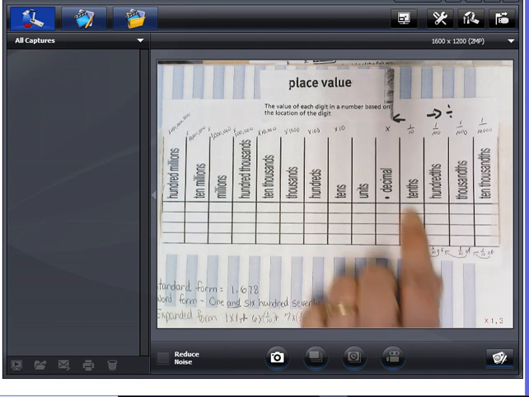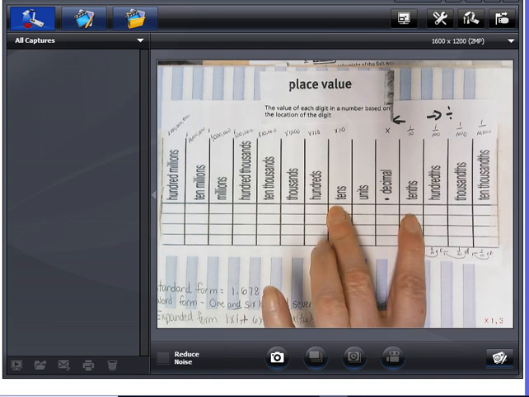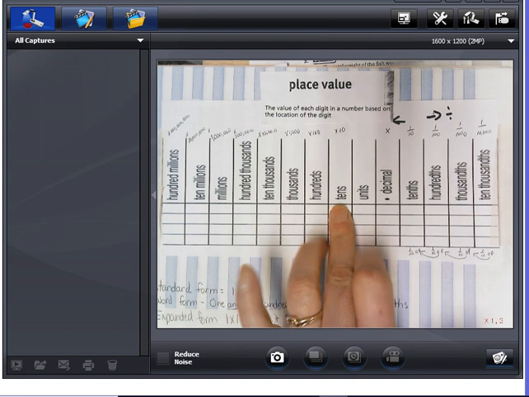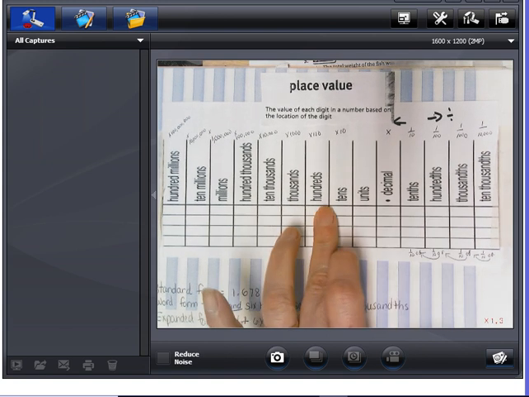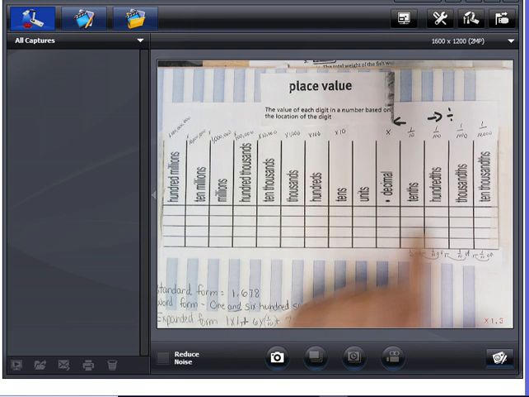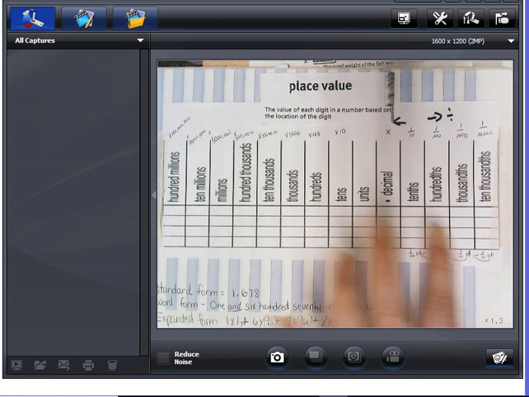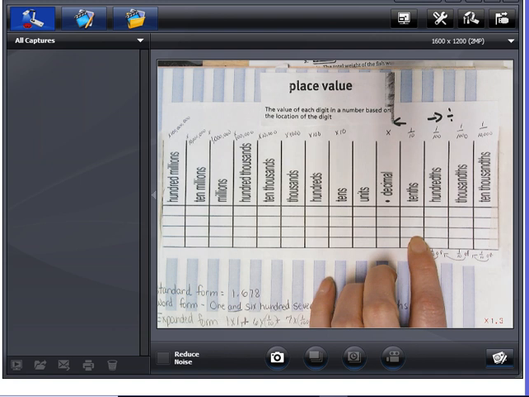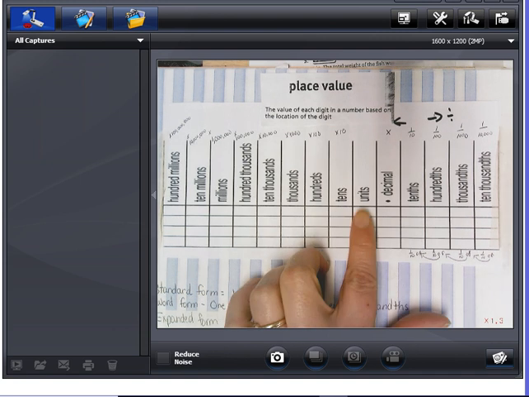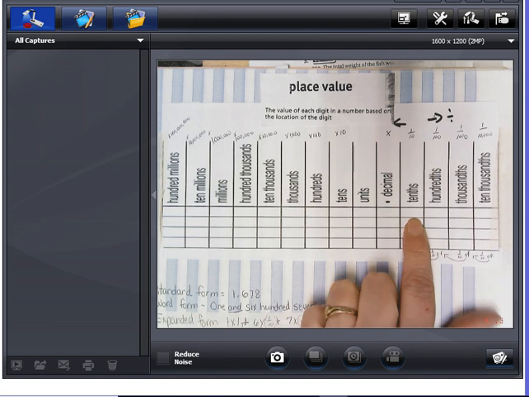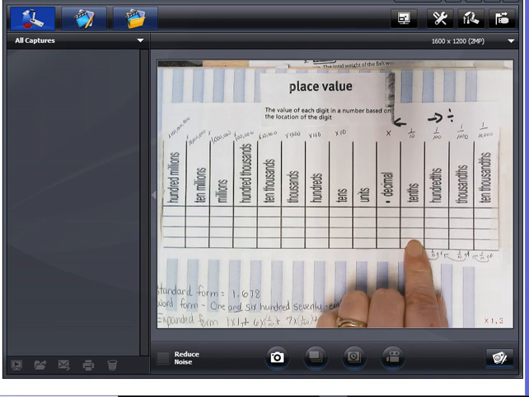So you notice we now kind of copy 10 and tenths, hundreds, hundredths. When we get past the decimal, that means we're going to get smaller. A tenth is smaller than a 1, because I'm cutting a whole piece into 10 pieces and I only get one of those 10.